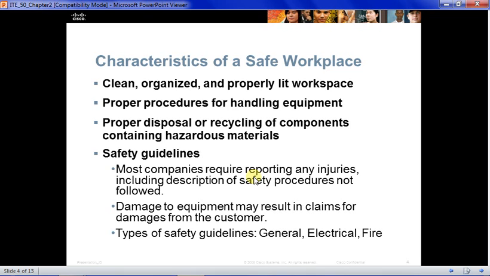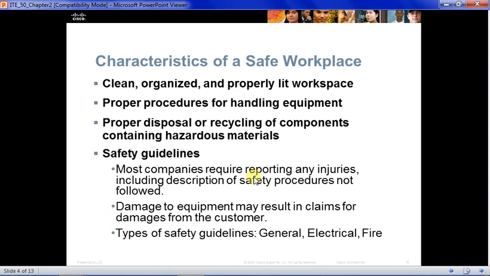One of the things to take into consideration is that you should remove jewelry when you are working on equipment. You don't want to get caught in there. You don't want jewelry to fall down into the components and cause damage.